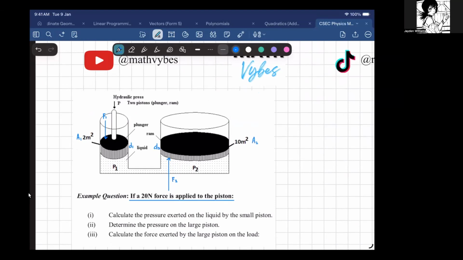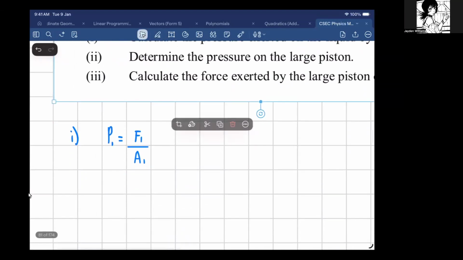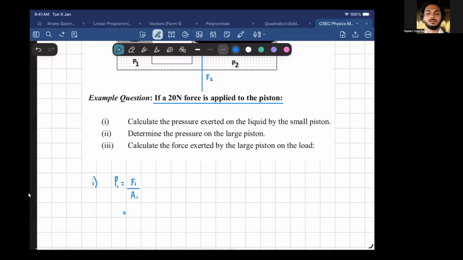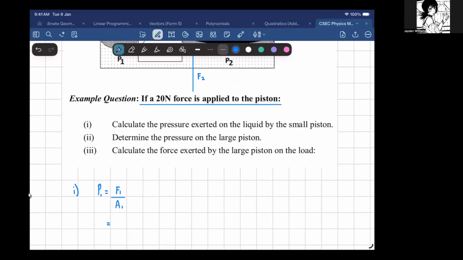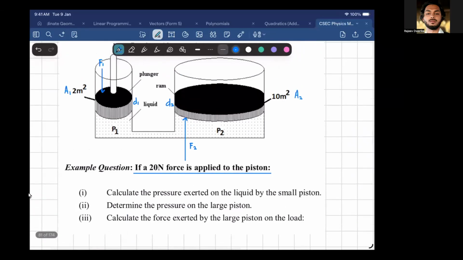That's P1. Right, so I'll say P1 is equal to F1 all over A1. What's the force I applied to the plunger? 20 newtons. What is the area of the piston? 10 meters squared.